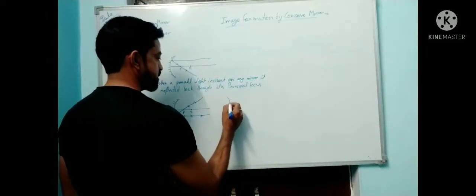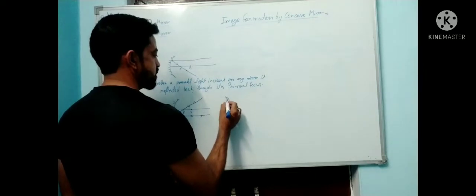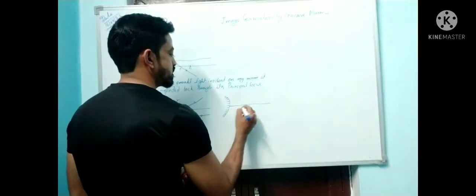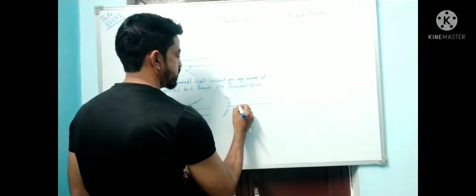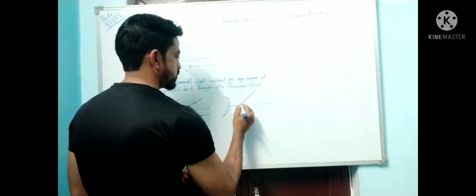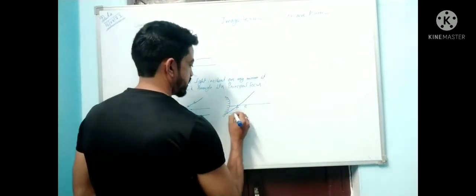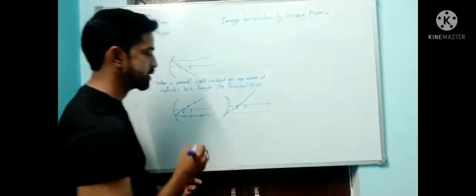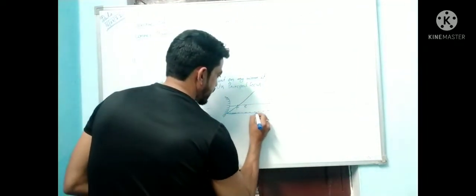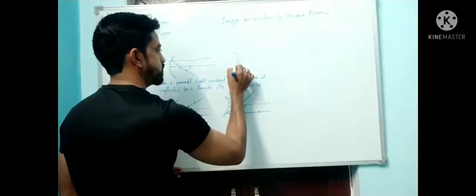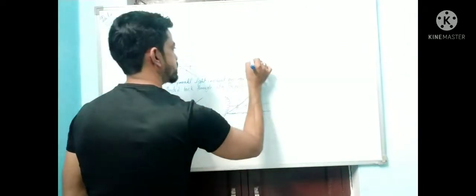The same thing we understand in the case of a convex mirror. This is the principal axis, and what happens if the light strikes through its focus? It is reflected back parallel to the principal axis. The same thing is applicable for the convex mirror.